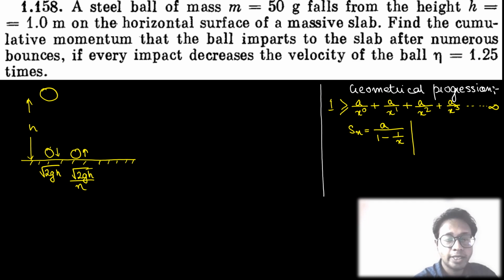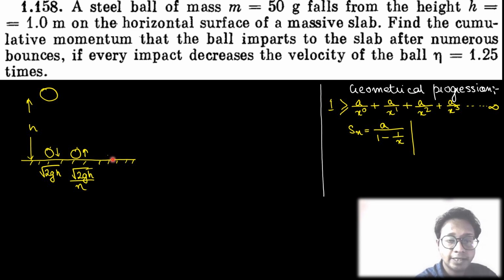So again it went up and it came down. It will come down with the same velocity. I'm showing this as a 2D motion, but it will go up and come down with the same velocity.